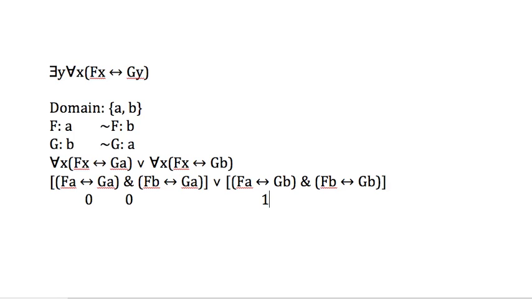Well, B is not an F, but B is a G. And so we're going to have a false here because this part is going to be false. That means we have a false here, we have a false here, and our OR statement is false. So this statement, which we spelled out in 2 steps for this interpretation, turns out to be false.